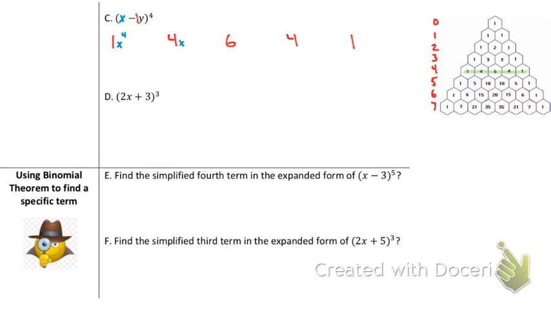Then we drop down, x to the third, x to the second, x, and last but not least, this guy does not have the first term. Now, the second term, we're going to work our way backwards. So we're going to take our second term, and we're going to start at the end. So my second term is negative 1y. And we'll do this in purple.